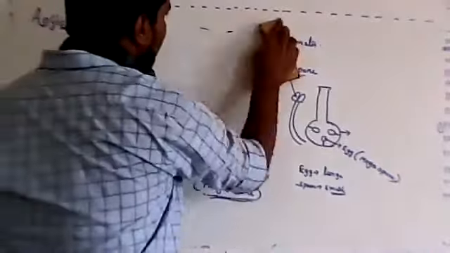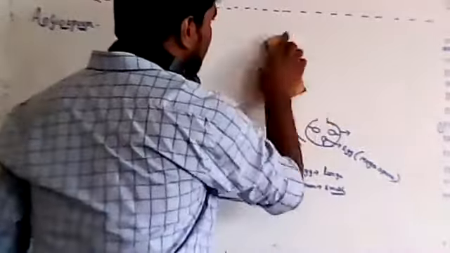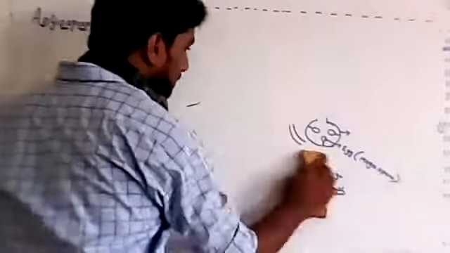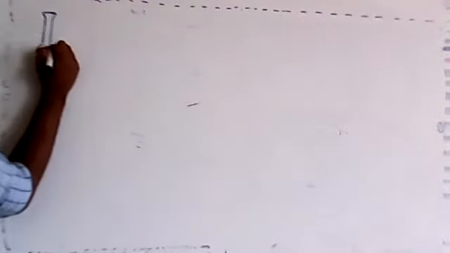Then for female, there is something more. In angiosperm, the female reproductive structure is called stigma, style, then ovary. The topmost part is called the stigma, then the style, then the ovary.